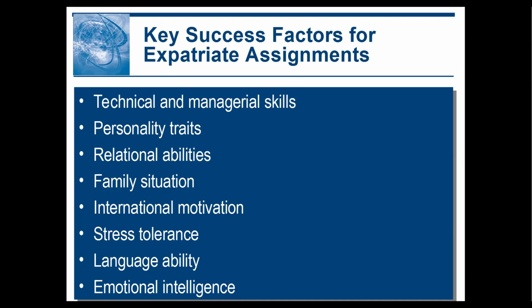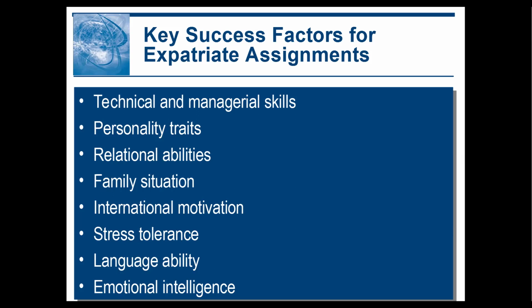I don't need to explain these things. For example, technical and managerial skills: when you expect someone to have this kind of knowledge, they can get a good outcome over there. And also personal traits; we have already learned these things.